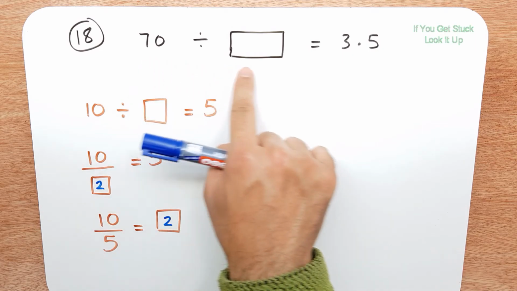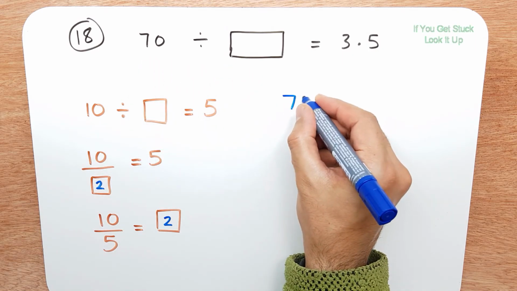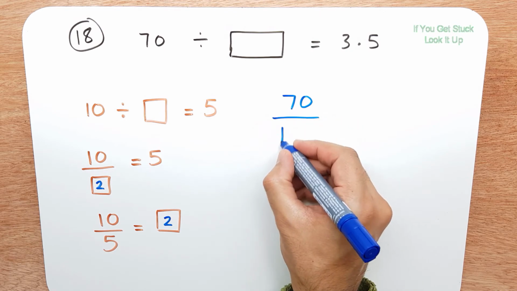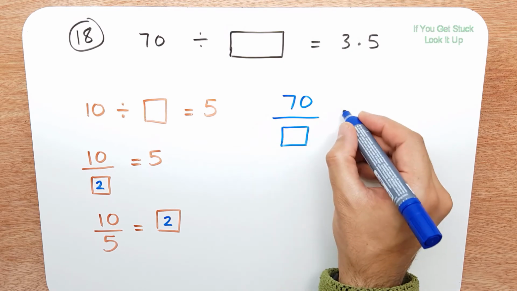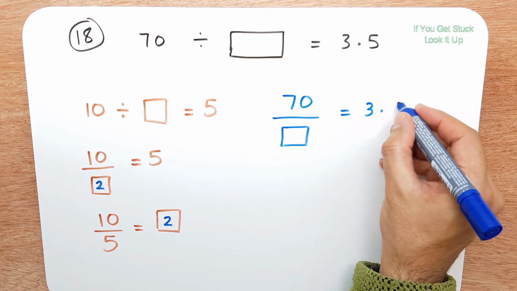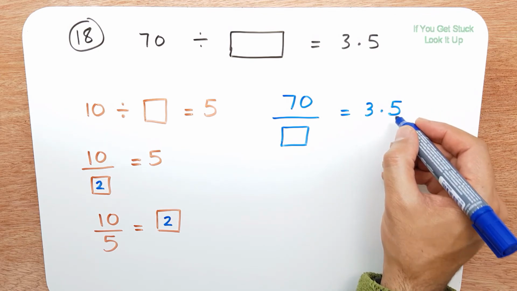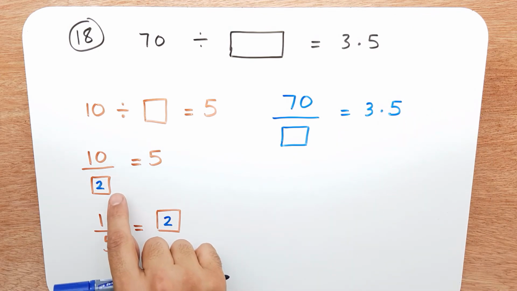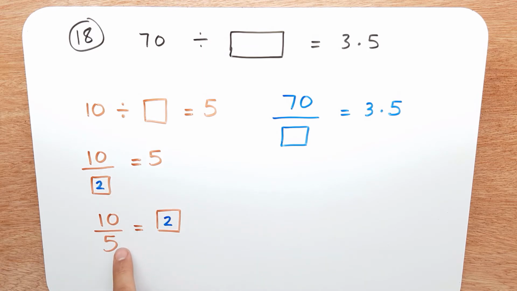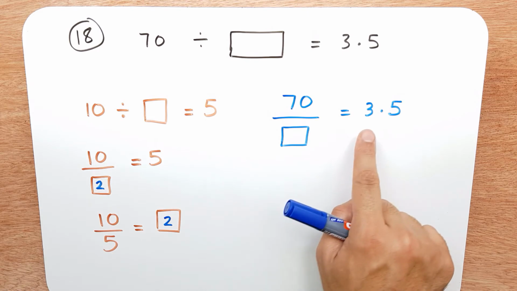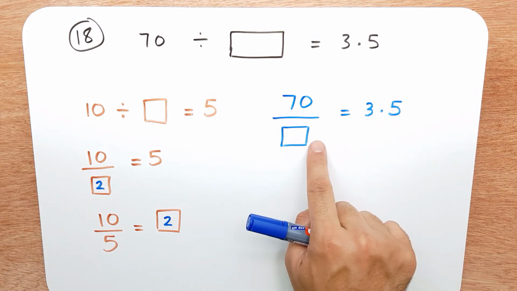So let me rewrite this. 70 shared by the box equals 3.5. And all we did here, we swapped the box for the 5. So I'm going to swap the 3.5 and the box.